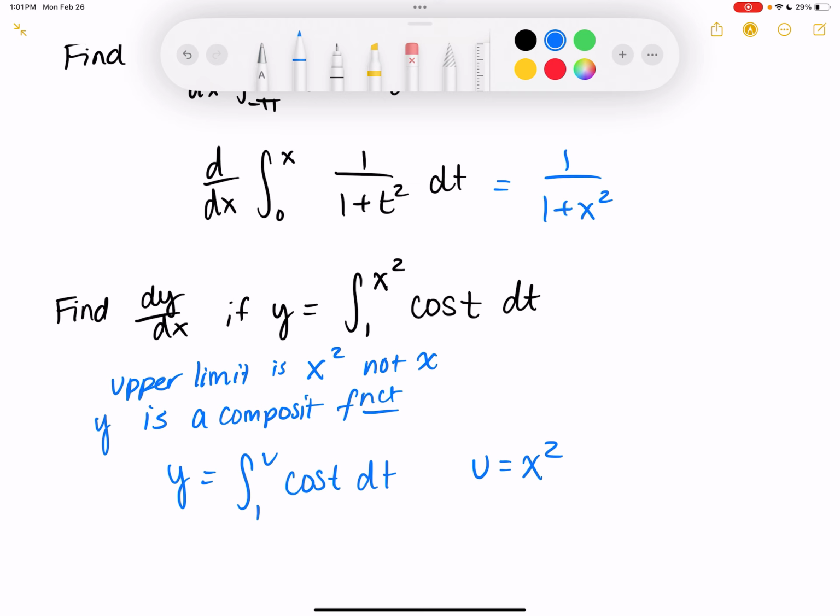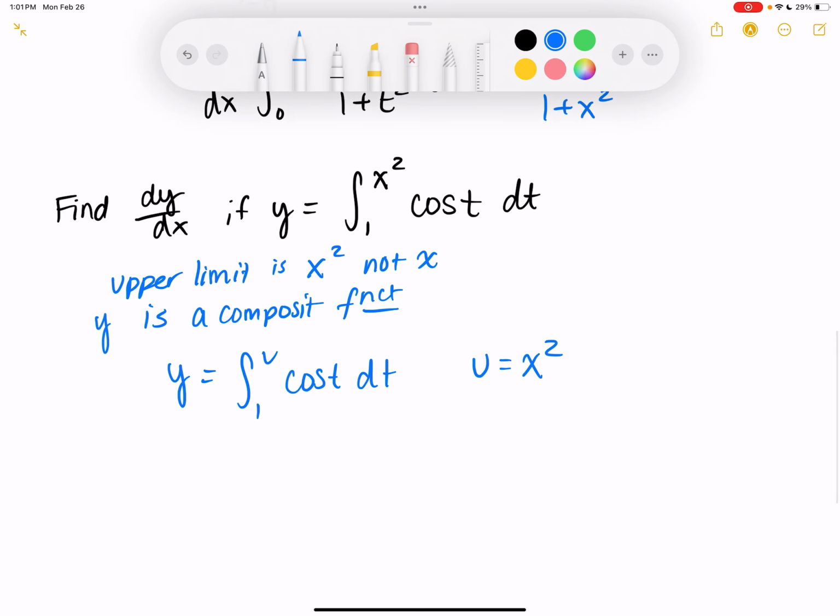Alright, so now we're going to need the chain rule for this. So dy dx is equal to dy du times du dx.